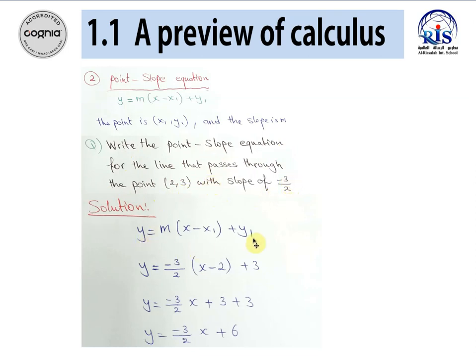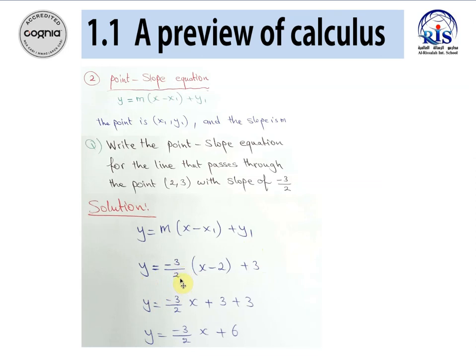In the solution, we will write the rule, then we will substitute the slope, negative 3 over 2, and x1. Here inside the brackets I have 2 positive, but in the rule I have x minus x1, so I will exchange the sign of 2, and here plus y1 without exchanging the sign.